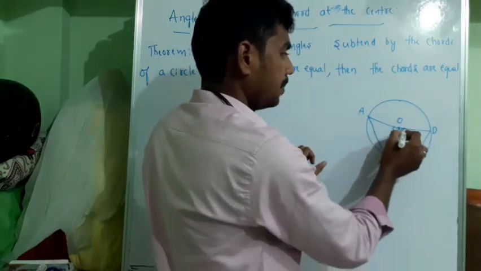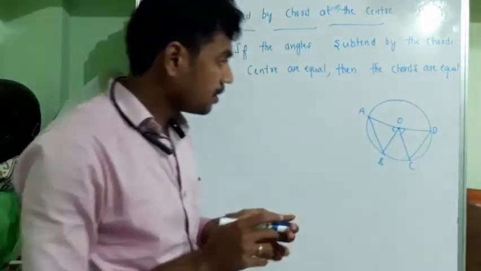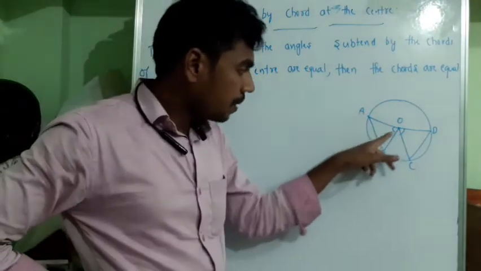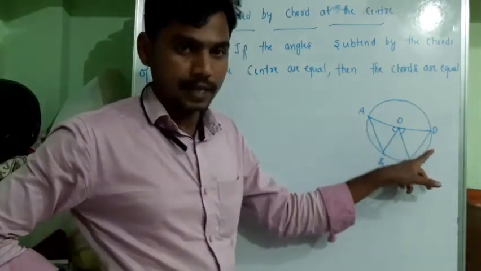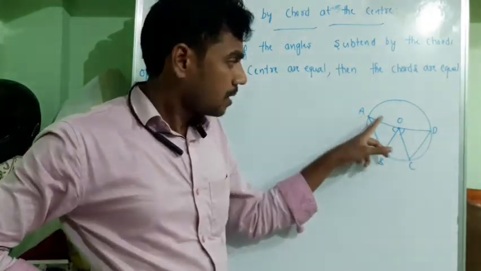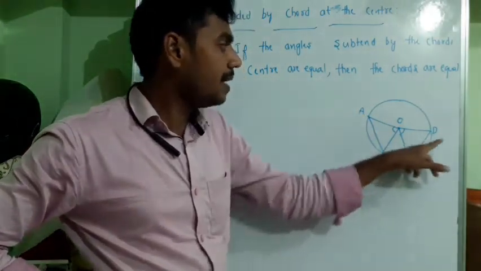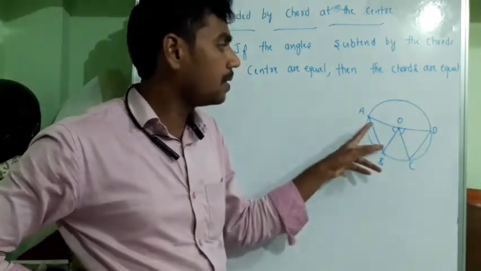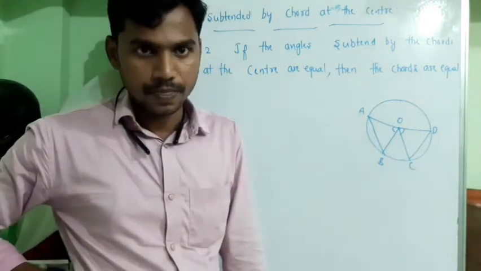If the angles subtended by AB and CD at the center are equal, then both chords will be equal.